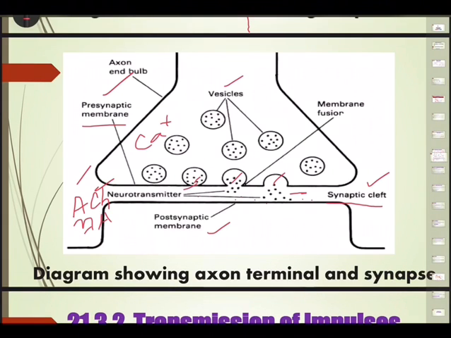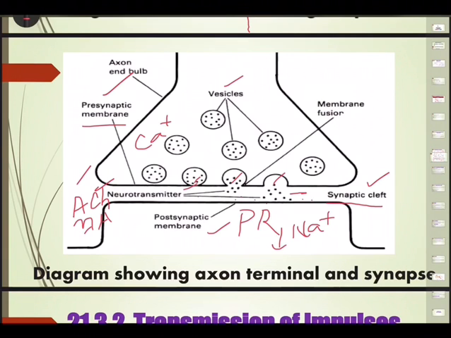The neurotransmitter in the synaptic cleft binds with protein receptor molecules on the postsynaptic membrane. So on the postsynaptic membrane there will be protein receptors. This binding action changes the membrane potential of the postsynaptic membrane, opening channels in the membrane and allowing sodium ions to enter into the cell.